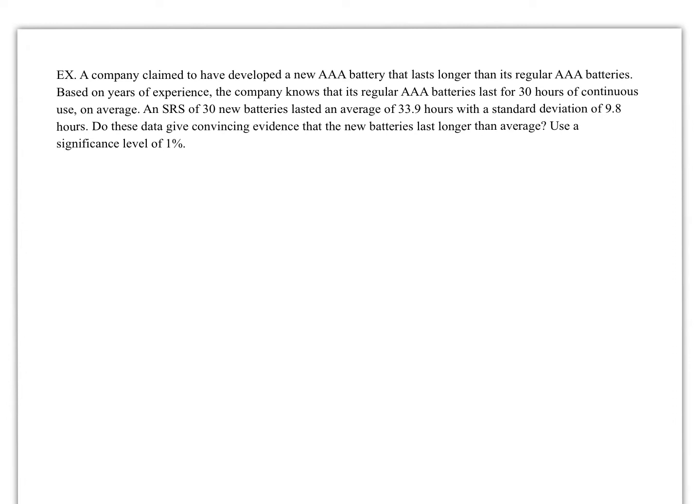1%? So first thing we're going to do is write our null and alternative hypothesis. So, whoops, it's not a p anymore. It is the mu for mean is equal. So if we look, they are currently stating they currently last for 30 hours. So our mean equals 30.